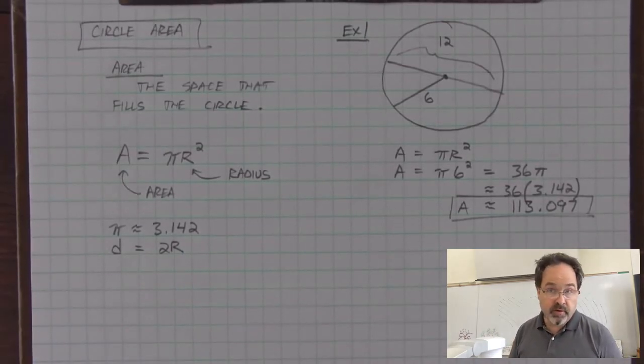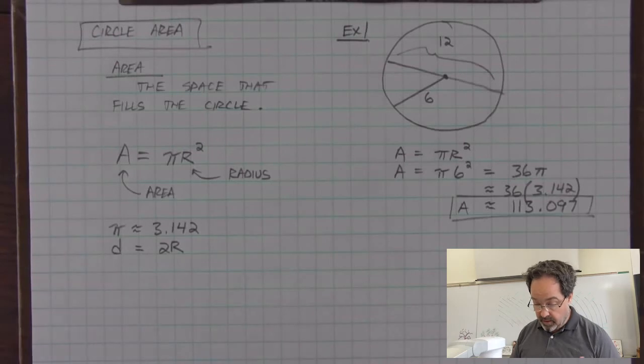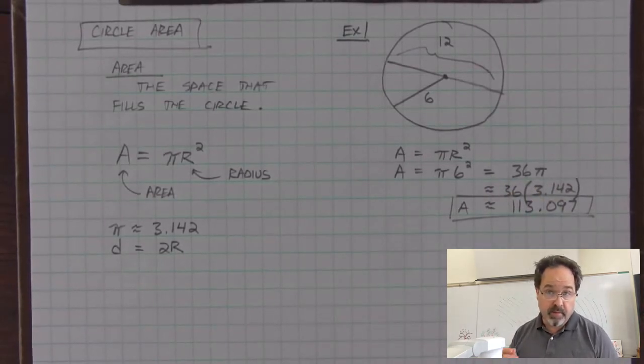An approximation is good because it's a number that we're familiar with and that we can understand. Sometimes an exact area is needed, and you'll have to keep pi as the symbol pi to be exact.